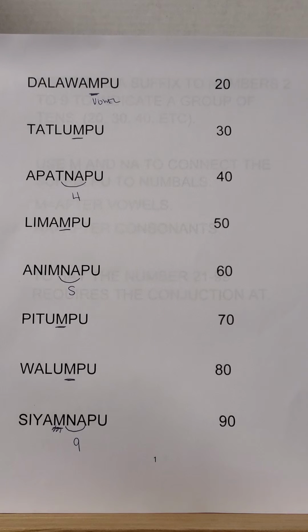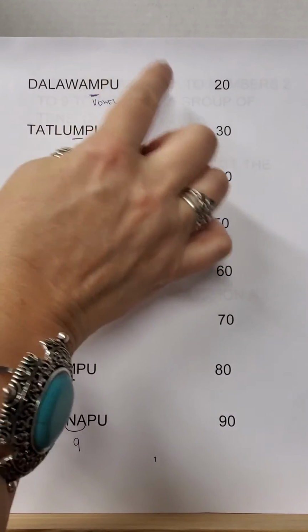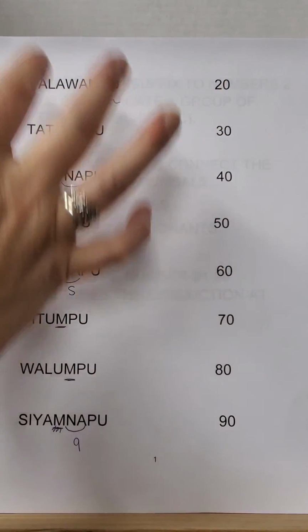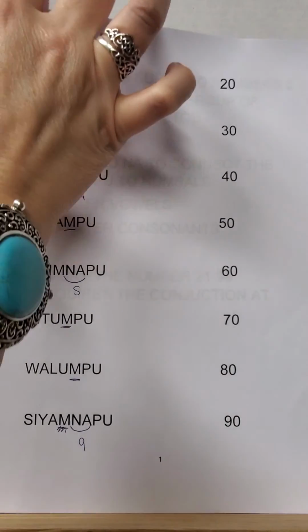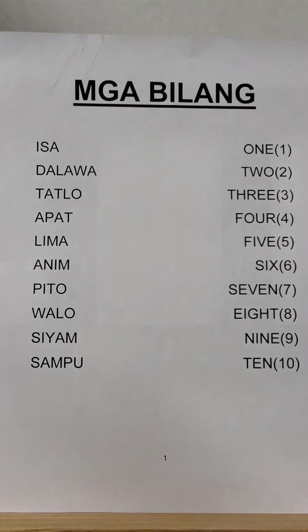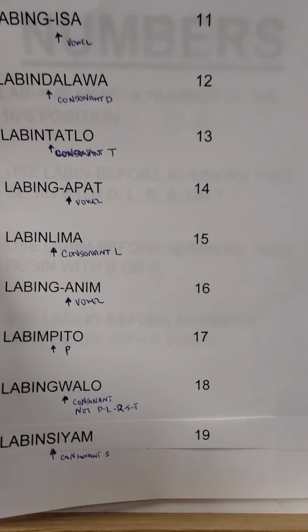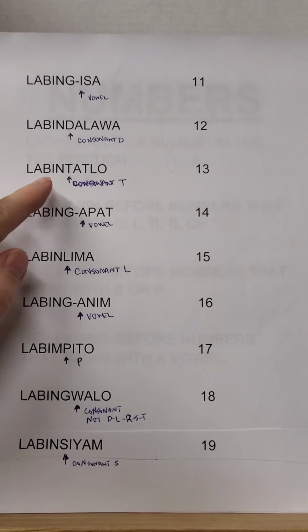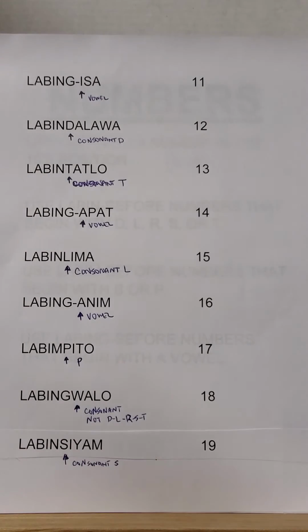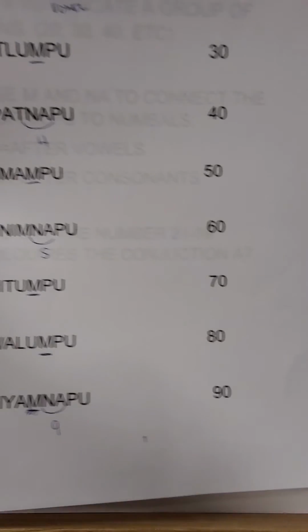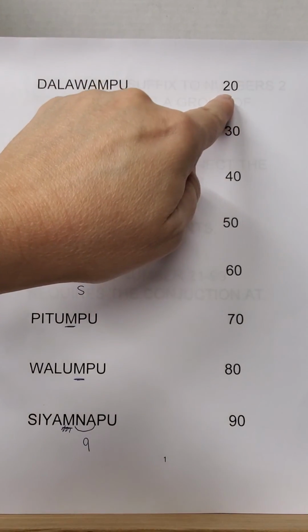So you would have dalawamput, and then whatever you want on your ones, because these are considered in the ones position. These would be the tens position, right? And then these are also tens positions, but they're higher numbers.